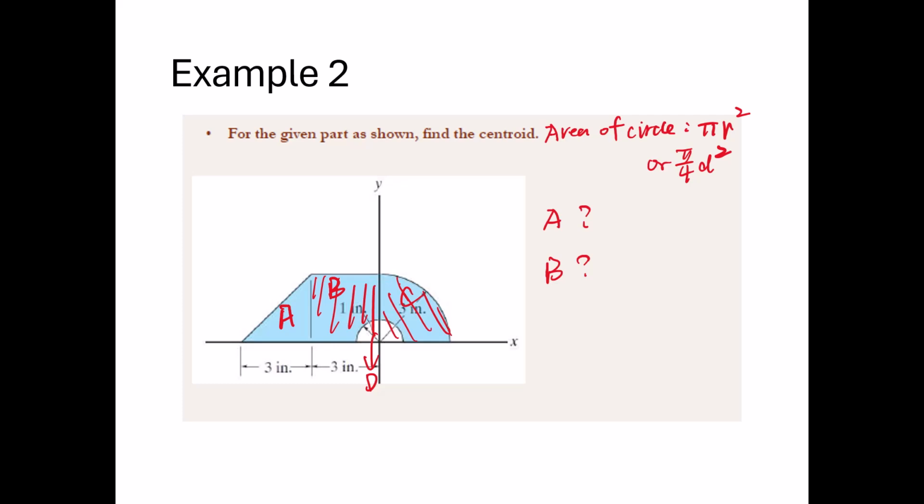The area for C is one over 4 times pi r squared, because it's a quarter of the circle. That's why we have 1 over 4 here. The answer should be this one. For D, we put a negative because D is a hole. The area is negative.